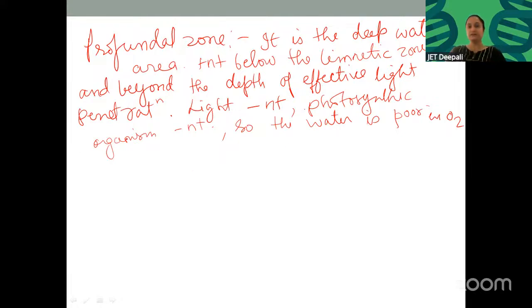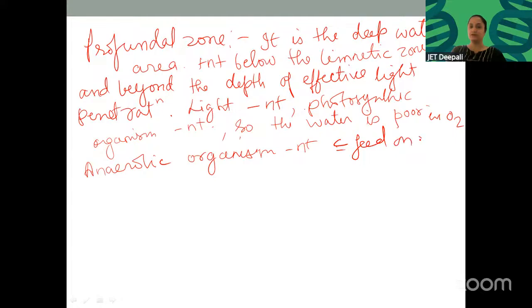Photosynthetic organisms are not there, so what is present in this zone? Anaerobic organisms. What is anaerobic? Those that respire in the absence of oxygen. Which feed on detritus. What is detritus? Dead and decaying things are detritus.